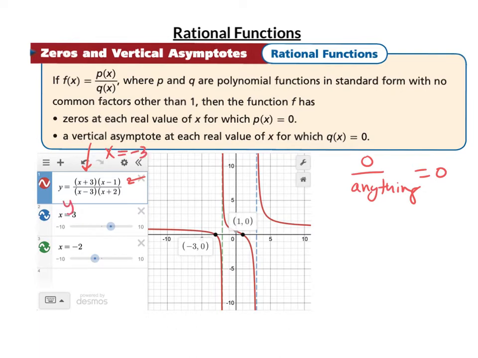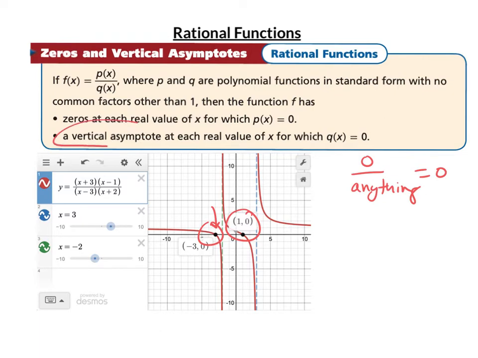And when y equals 0, I get an x-intercept. So there are two x-intercepts, when x equals -3 and when x equals 1. There they are. When the top of the fraction is 0, 0 divided by anything is 0, and you get y equals 0, which is an x-intercept. X-intercepts come from the top of the fraction.